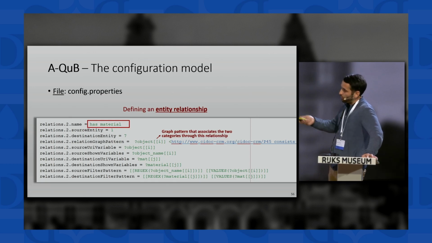For example, we have the relationship has material, and we provide the source and the destination entity, and the graph pattern that associates the two categories through this relationship.